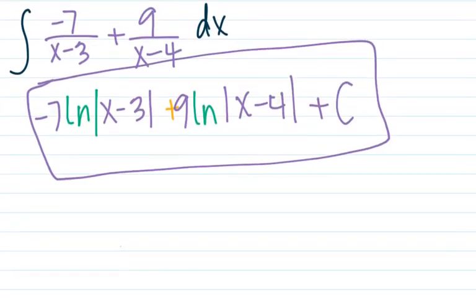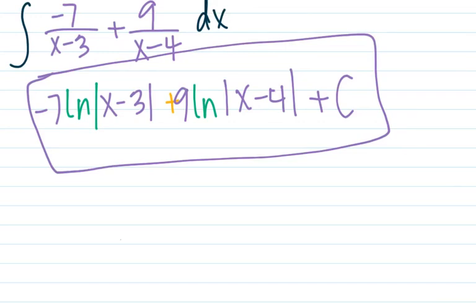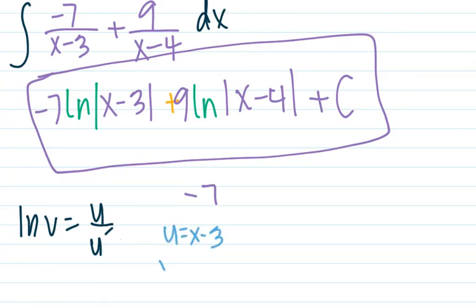Alright, and let me just explain something really briefly. Keep in mind the integral of 1 over u is the natural log of u, divided by u prime. So if we take this one here, remember we can pull out the constant, the negative 7, so that's going to be out front. And then u in this case would just be x minus 3. And u prime, well, the derivative of x is just 1.